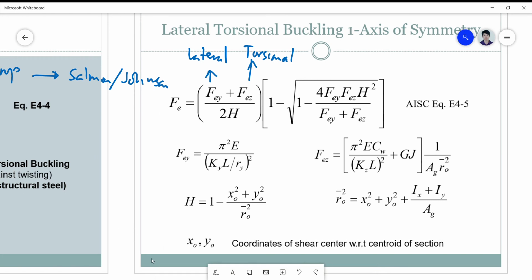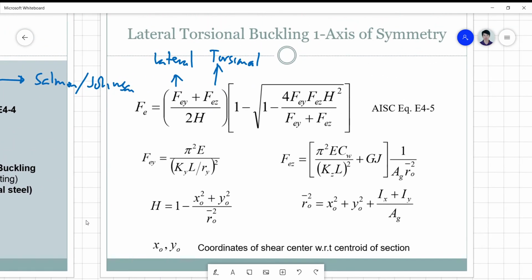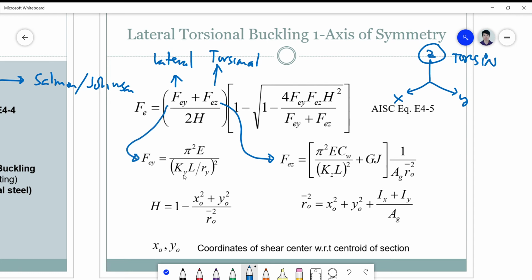If you look at this formula, this is the pure torsion Fe, and Z, what did I tell you a while ago on the right-handed coordinate system. So this is your X, this is your Y, and this is your Z. So Z is the torsion. That's why you will see here torsion. The torsion now has a torsional formula there, and FEY has an Euler formula here, a buckling. Okay, so this is a flexural lateral buckling.